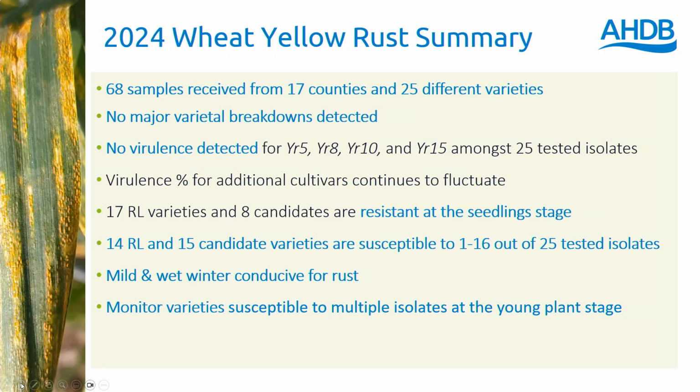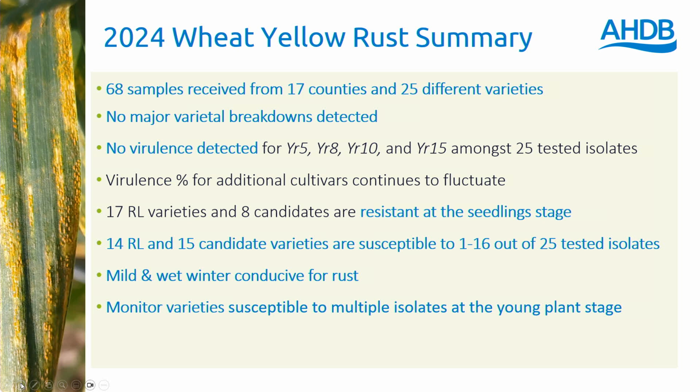So just to summarise the wheat yellow rust for 2024, we received 68 samples from 17 counties and 25 different varieties. We didn't see any major variety breakdowns this year, which is great, and no virulence was detected for YR5, 8, 10 and 15. The percentage of virulence for additional cultivars continues to fluctuate year on year, and 17 of the recommended list varieties and 8 of the candidate varieties were resistant at the seedling stage.